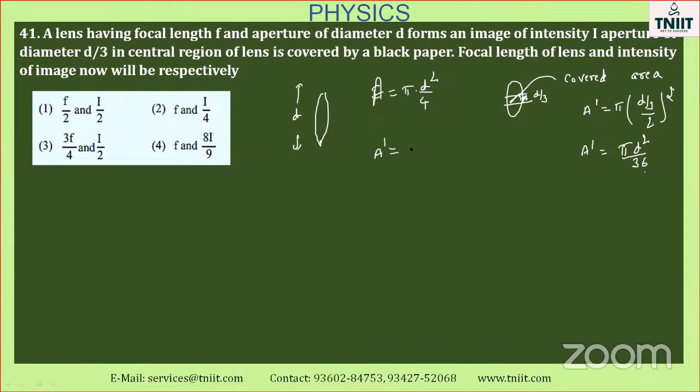So A dash is equal to A divided by 9. So what is the remaining area? Remaining area is A minus A dash, that is 8A by 9.